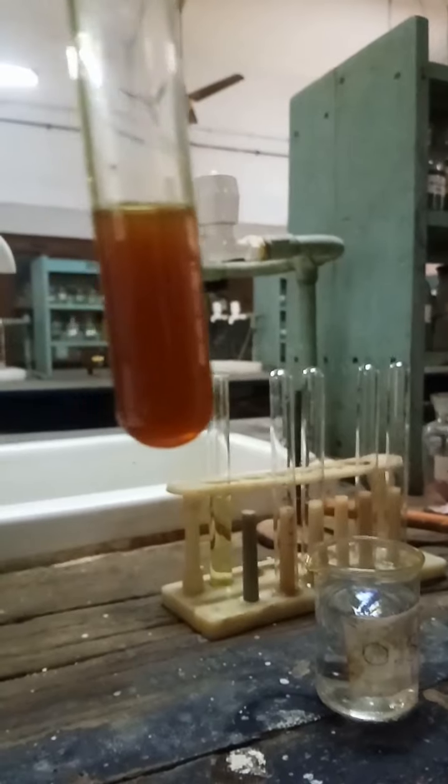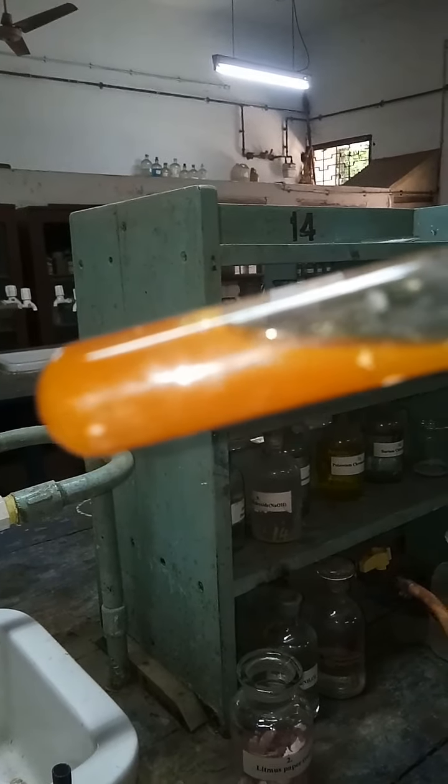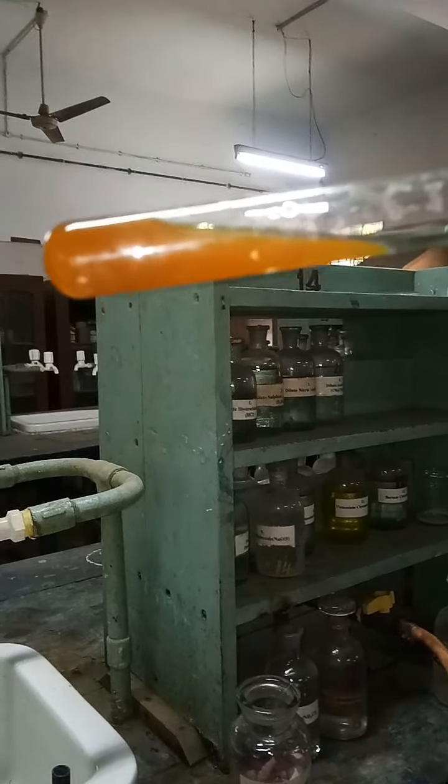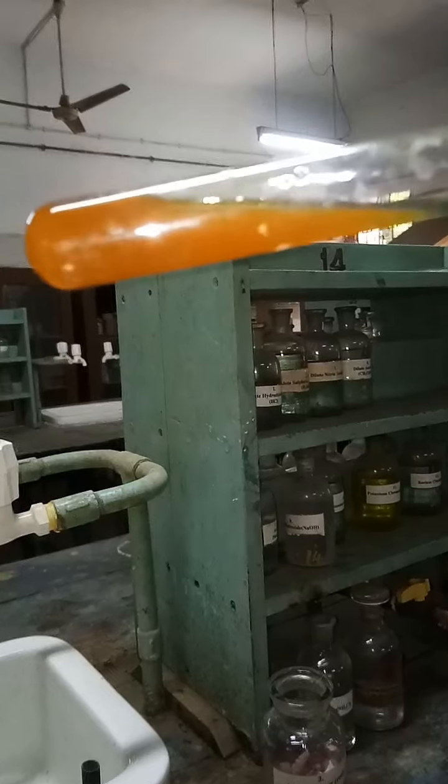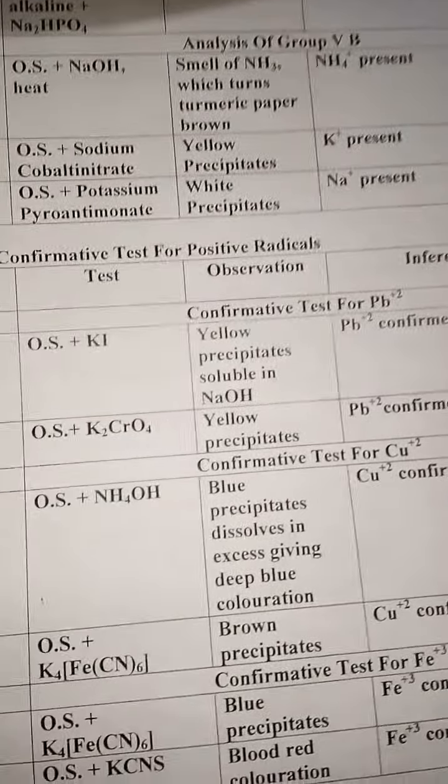And you can see you get yellow precipitates. So your inference is K+ is present.